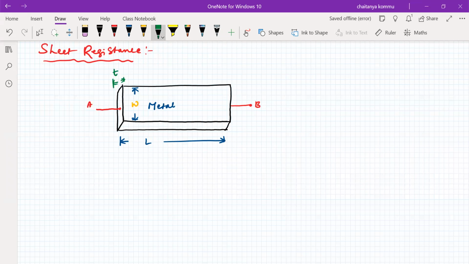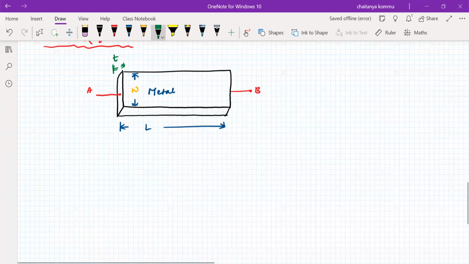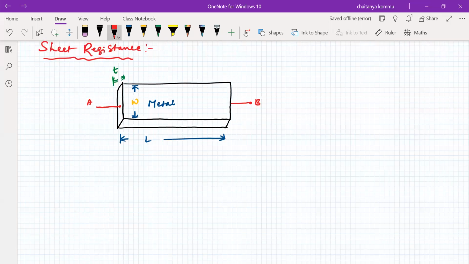So it's not like a simple wire; it consists of a physical material having length, width, and thickness. If you want to find the resistance offered by this material, say RAB, the resistance from A to B, how do we calculate it? The fundamental equation is rho L by A, where A is the cross-sectional area, as everybody knows. What do you mean by resistivity? Rho stands for resistivity.